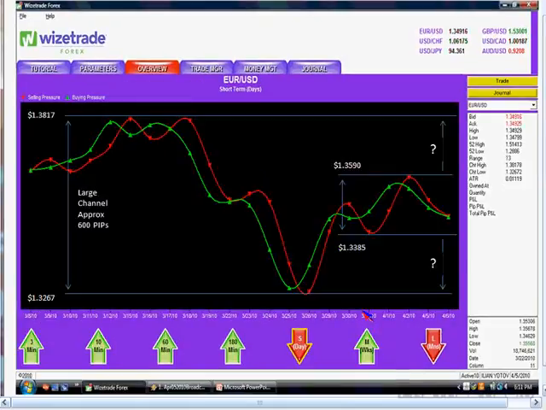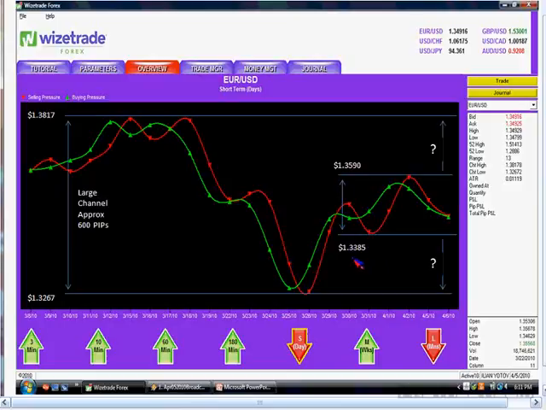In the last several trading sessions, I counted them, and they were about 7 consecutive trading sessions, the euro-dollar pair has been trading within a smaller range within a larger range or channel. As you will see on this particular slide, this has been the small channel that the euro-dollar currency pair has been trading within in recent days.